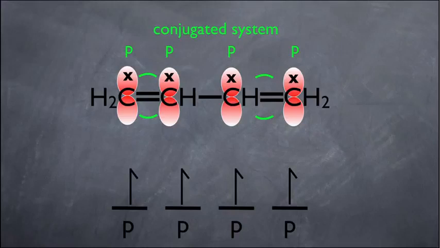So here's what I want you to think. A conjugated system, that system above, could just as easily be represented as that diagram below. That's the essence of every simple conjugated system: 4 p orbitals, each with an electron in each orbital. So let's work with that then.